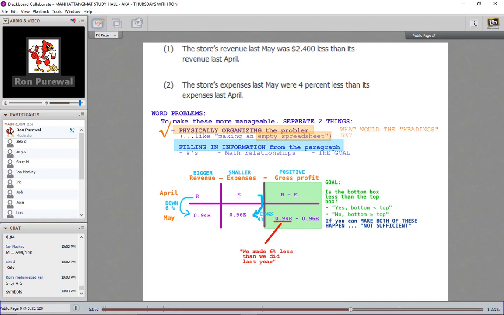But our taxes were 4% less. What if this was 0.94 instead of 0.96?